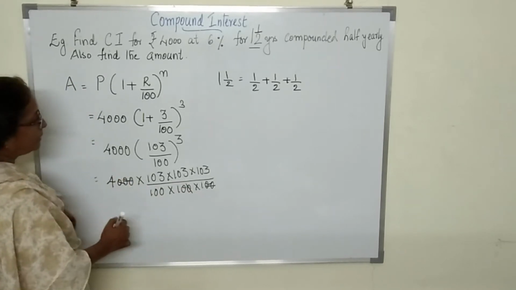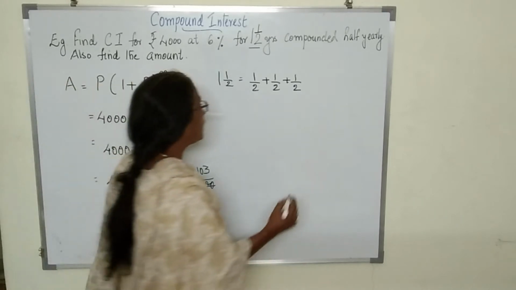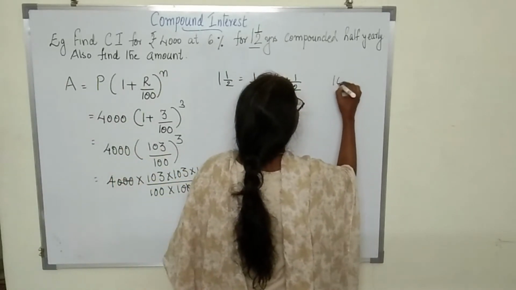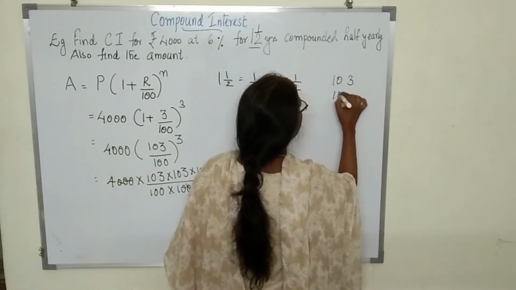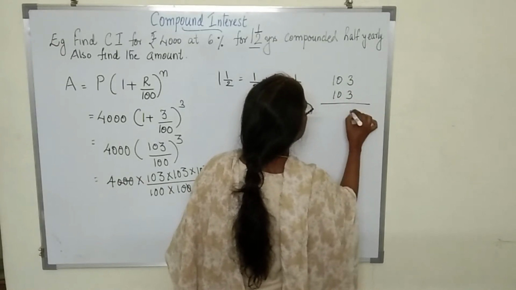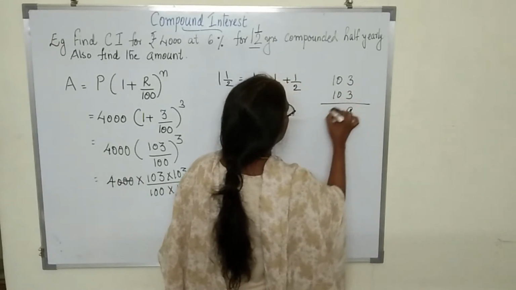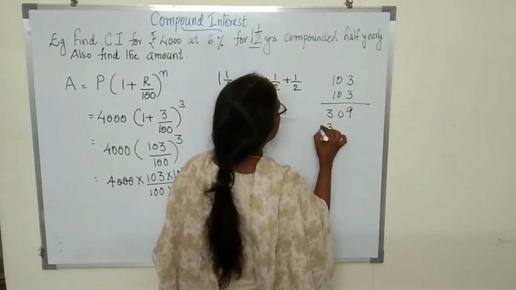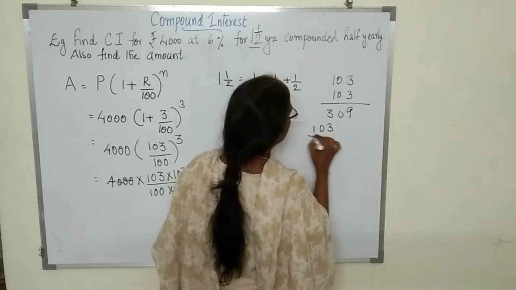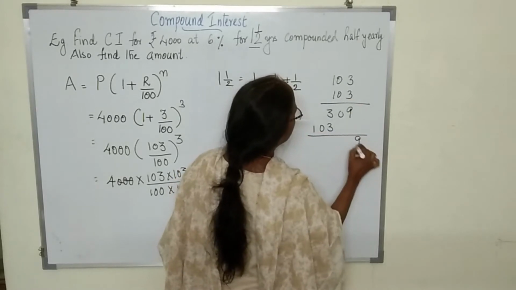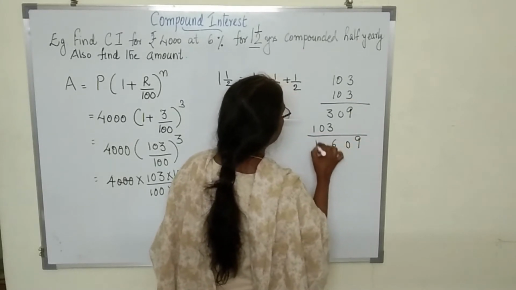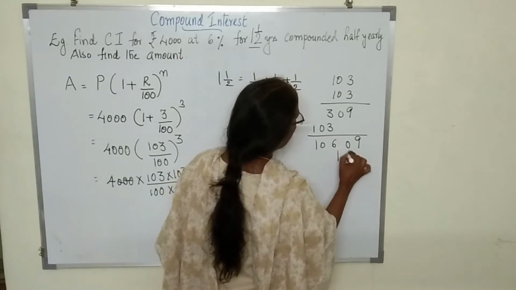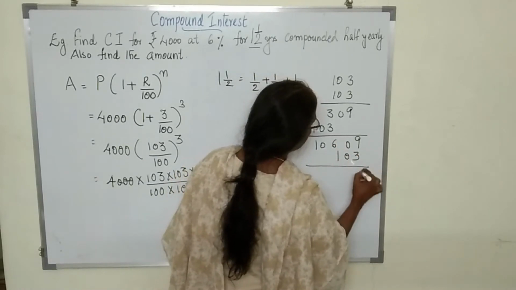Now multiply it. 103 into 103. 3 3s are 9 and then 3, again multiplied by 103.